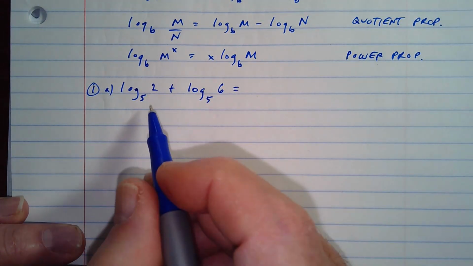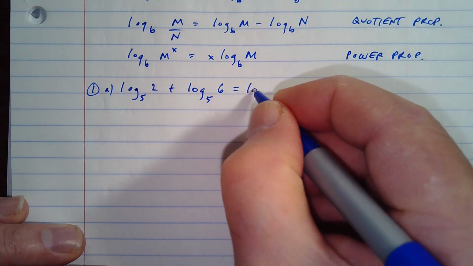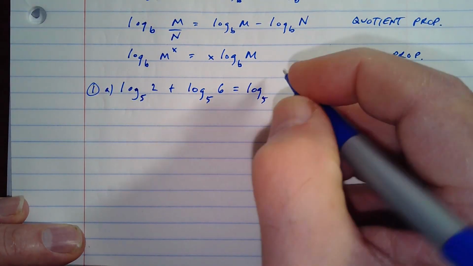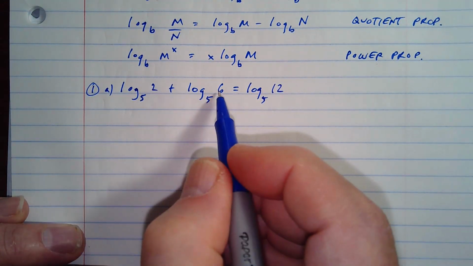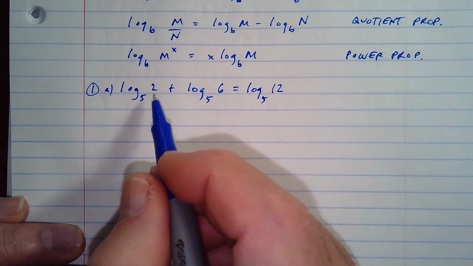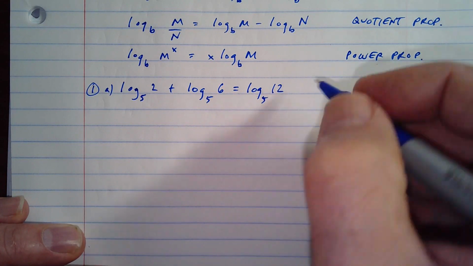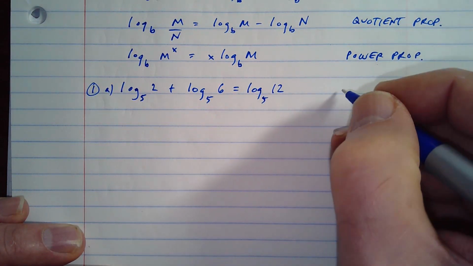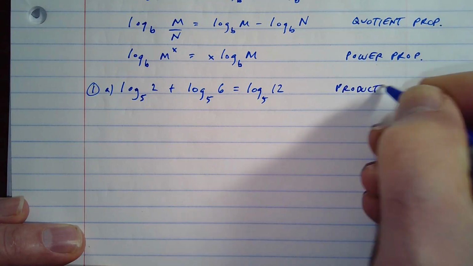If you understand this property, when we have addition here, that could be rewritten as log base 5 of 12, putting them together with multiplication, not addition. Remember, these are exponents. So when these are added, we're actually saying we're multiplying regularly. So this would be the product property.